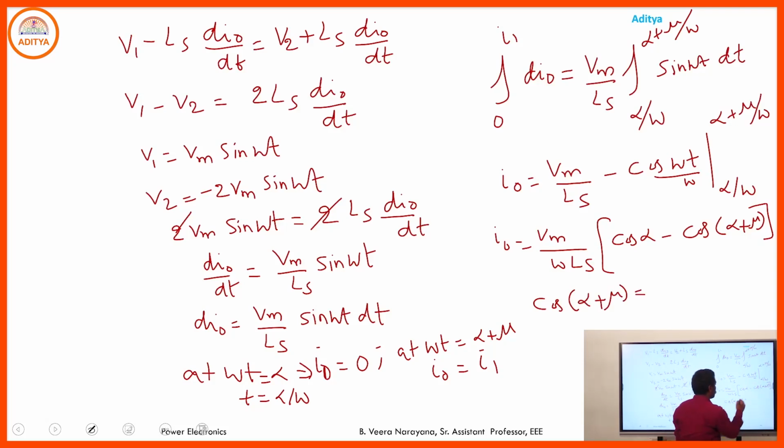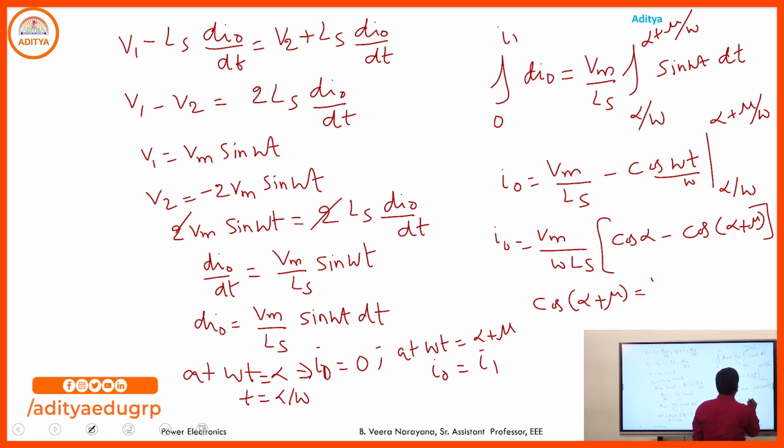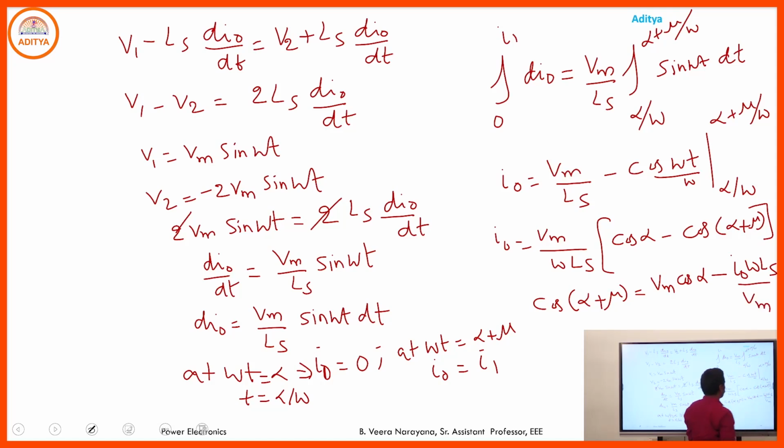Cos alpha plus mu from this expression is equals to Vm into cos alpha by omega Ls minus I1, all multiplied by omega Ls by Vm. Then cos alpha plus mu is equals to Vm into cos alpha minus I1 omega Ls by Vm.